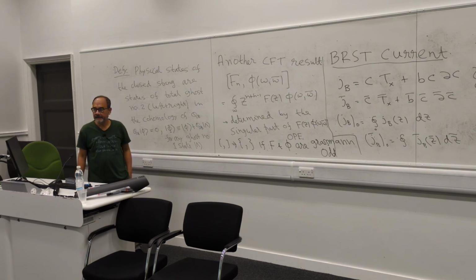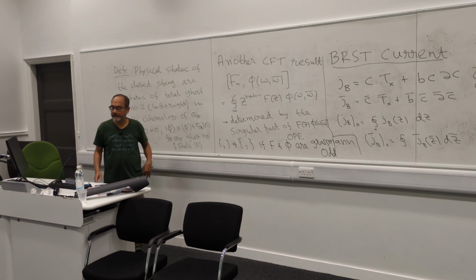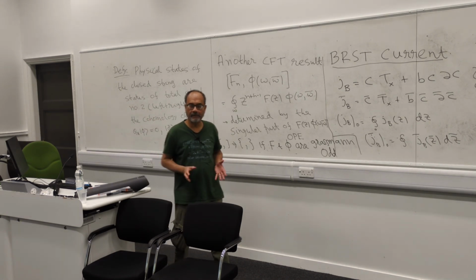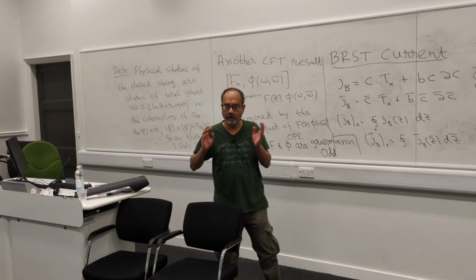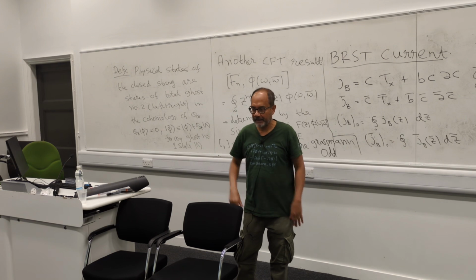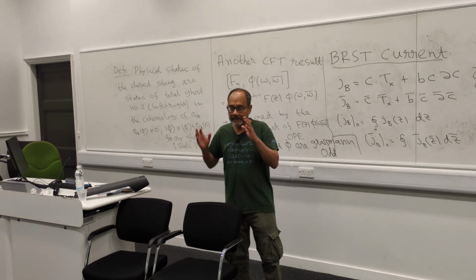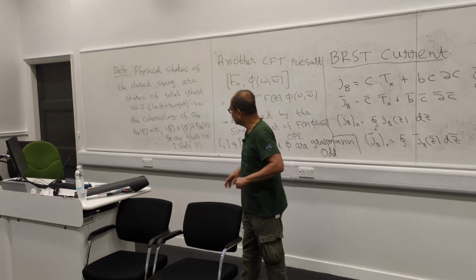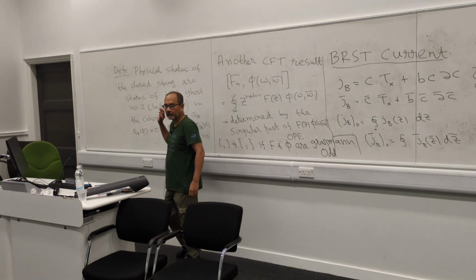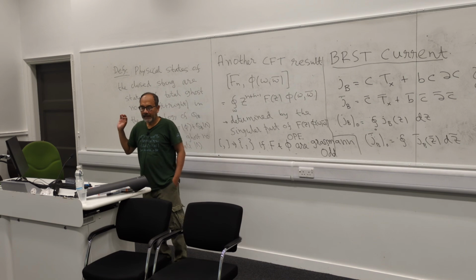Is this definition clear? So, we take states of ghost number 2, which means total ghost number, left plus right, should be 2. It could be (0,2) or (2,0) or (1,1), or (-1,3), it does not matter. Then in that sector you pick those states for which Q_B acting on the state is 0, and then we define an equivalence relation in that sector where phi and phi plus Q_B lambda are declared to be the same state.